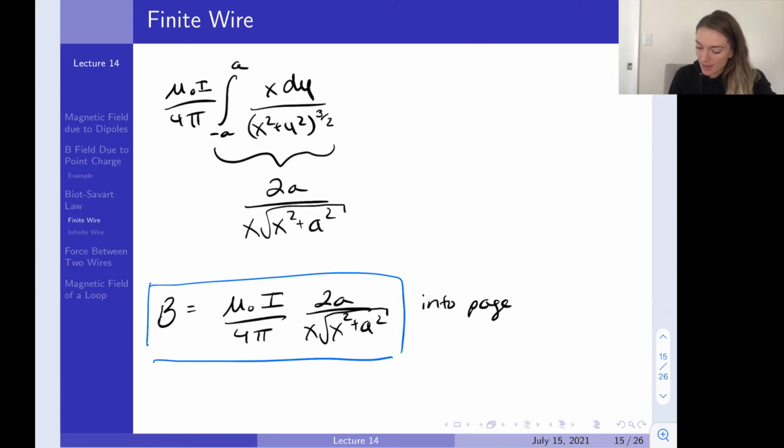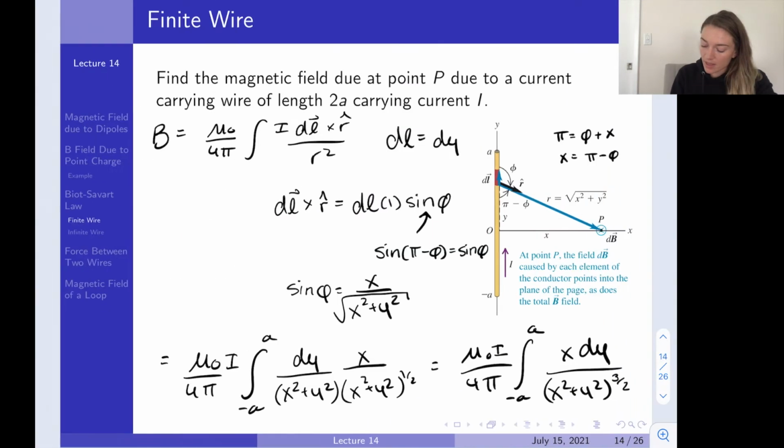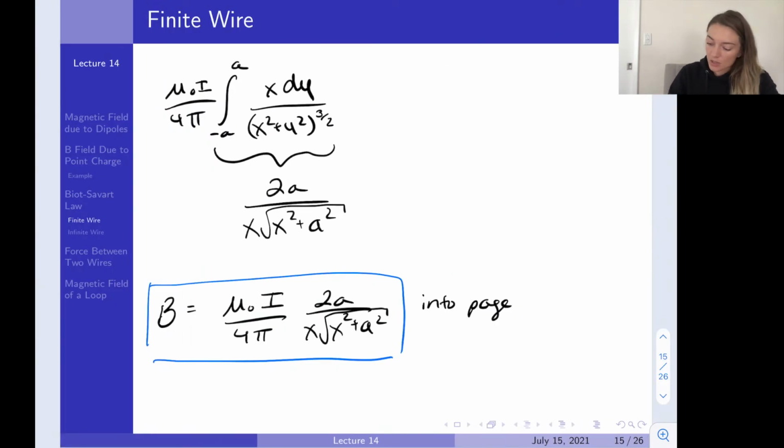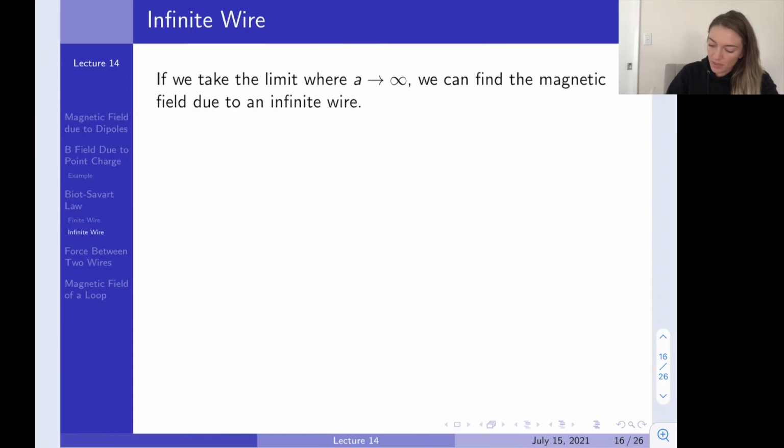All right. Now, what we can do with this is use it to find the magnetic field of an infinite wire. An infinite wire would have a and negative a extend to infinity, right? Because if you take this infinitely far in the y direction, these will both go to infinity. So we take the limit as a goes to infinity of our previous equation.